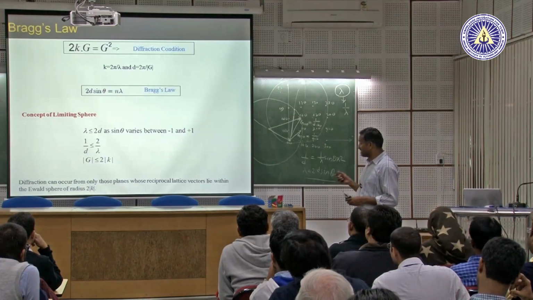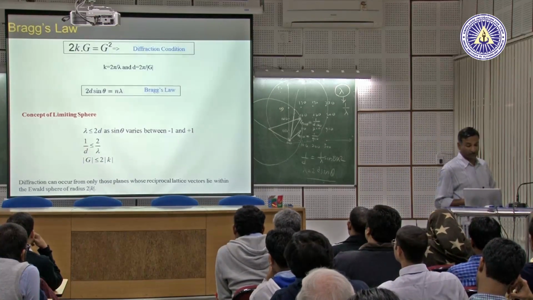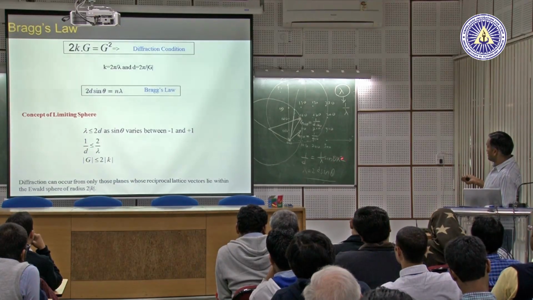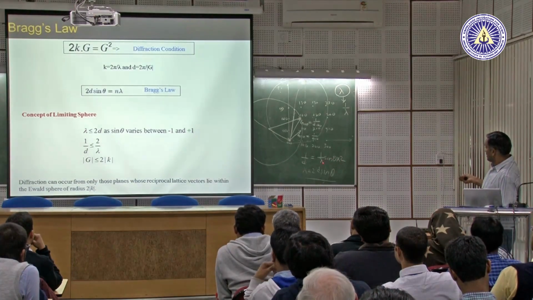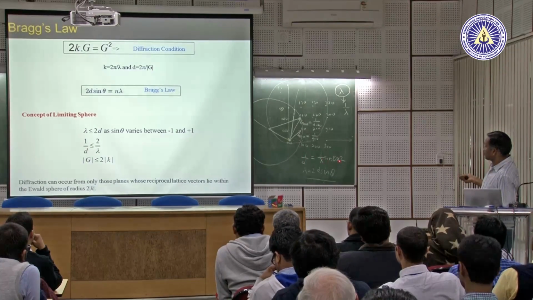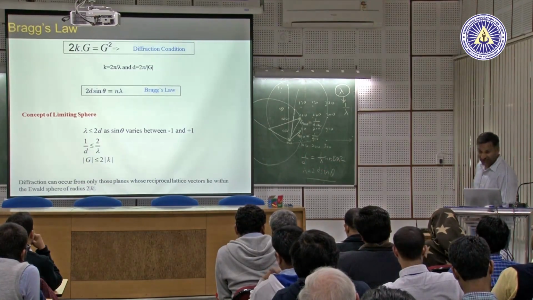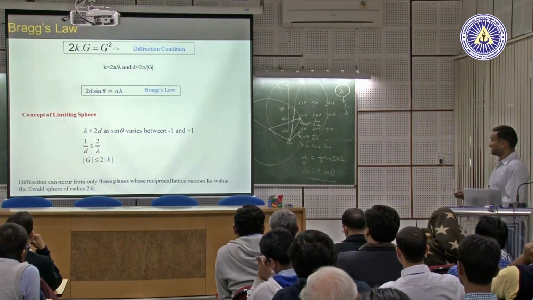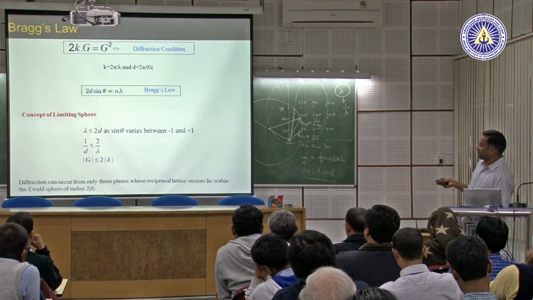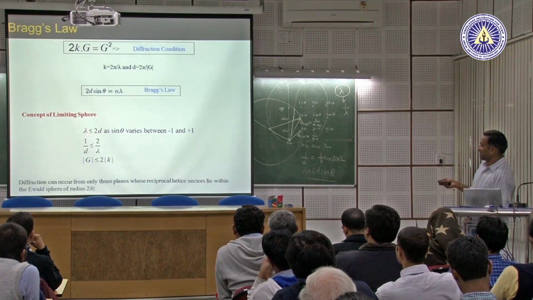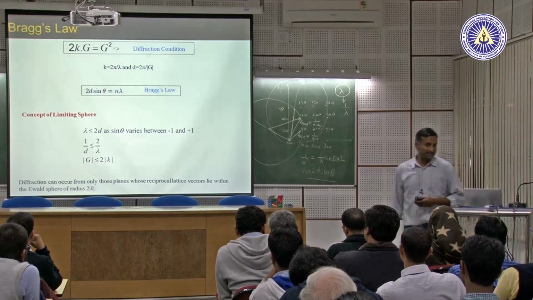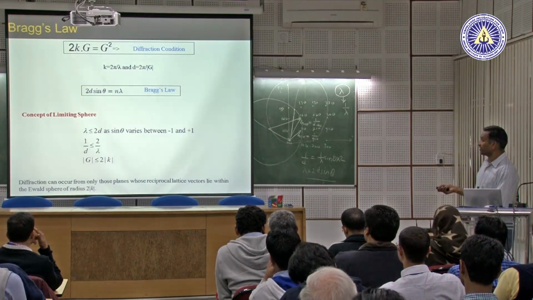The concept of the limiting sphere comes from that, because we know that lambda divided by 2d is equal to sine theta, and the sine theta value cannot go beyond plus or minus 1. As a result, you are limited by this inequality that 1 over d should be equal to or less than 2 over lambda.